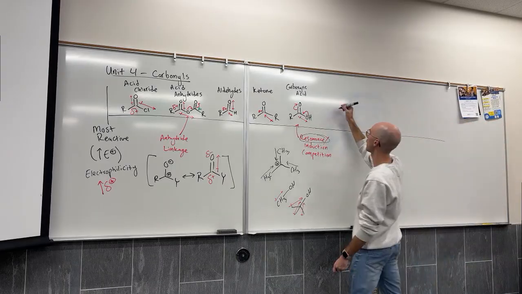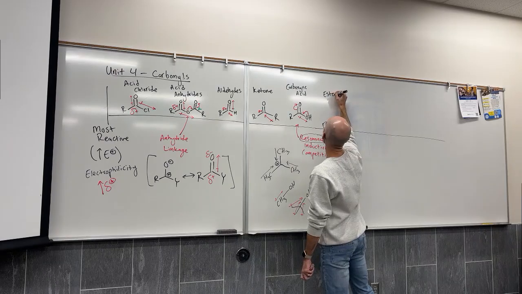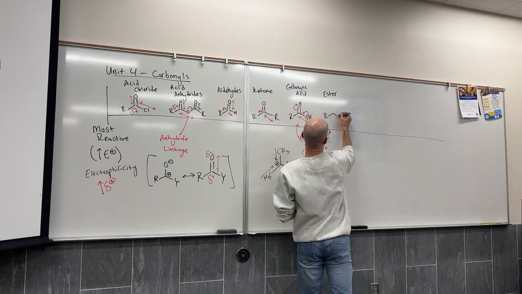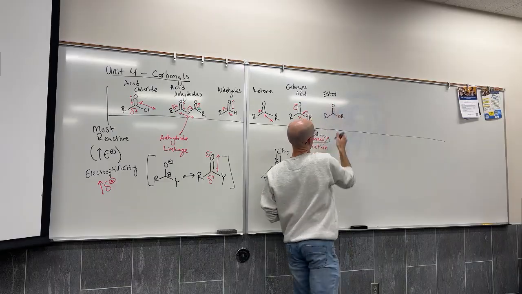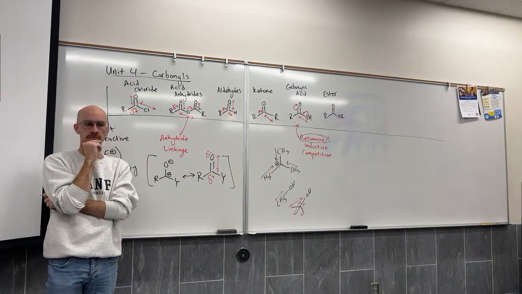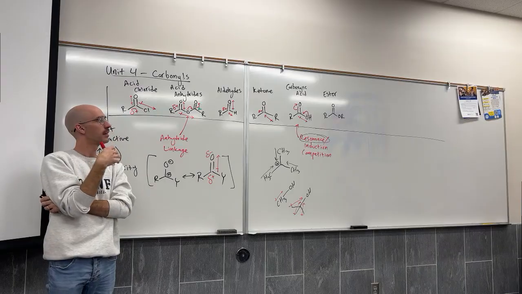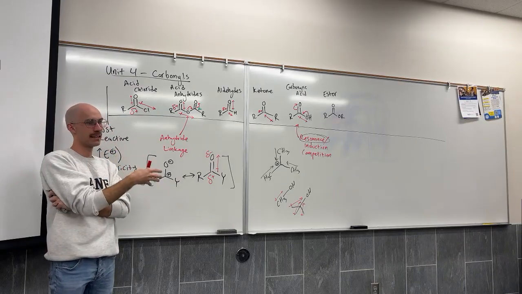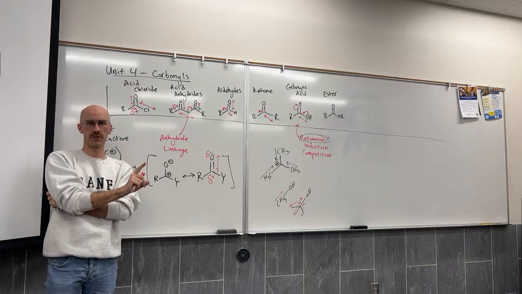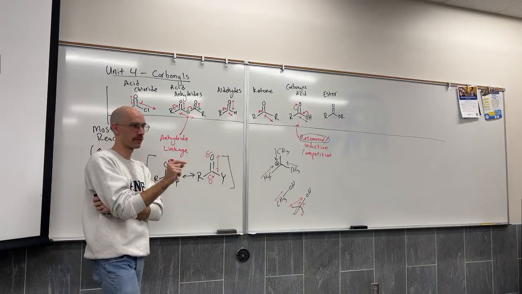After the carboxylic acid comes the ester. What difference do we see between the acid and the ester? Why is the ester more stable, a smaller partial positive?